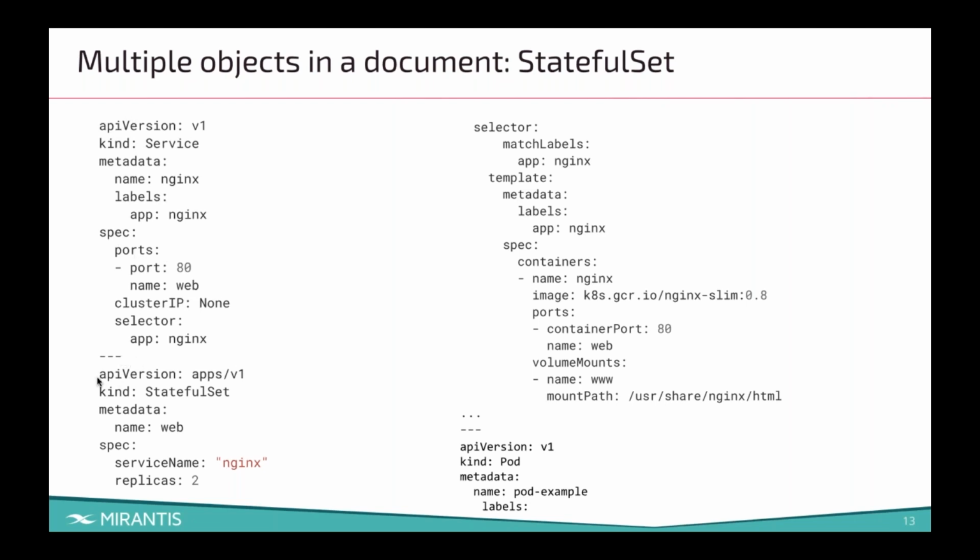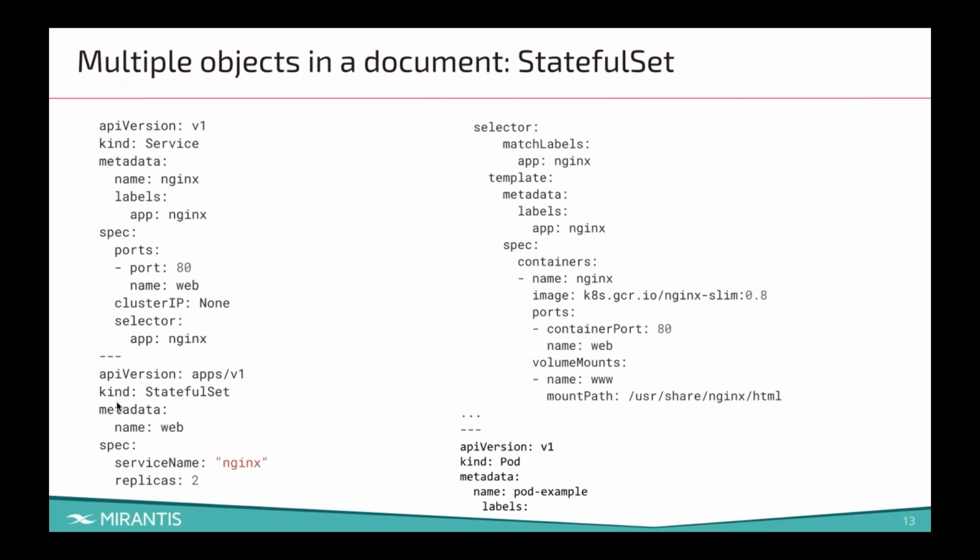And then you notice down here, we're into another object. So this is a second document. So in this case, we actually have 3 documents. We've got our service, and then these 3 dashes here indicate a new document.